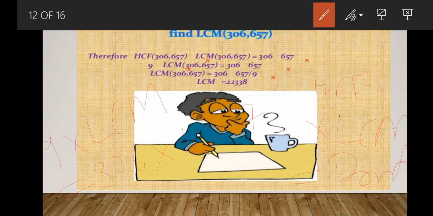Now divide by 9 on the RHS and you get the LCM, 22338.